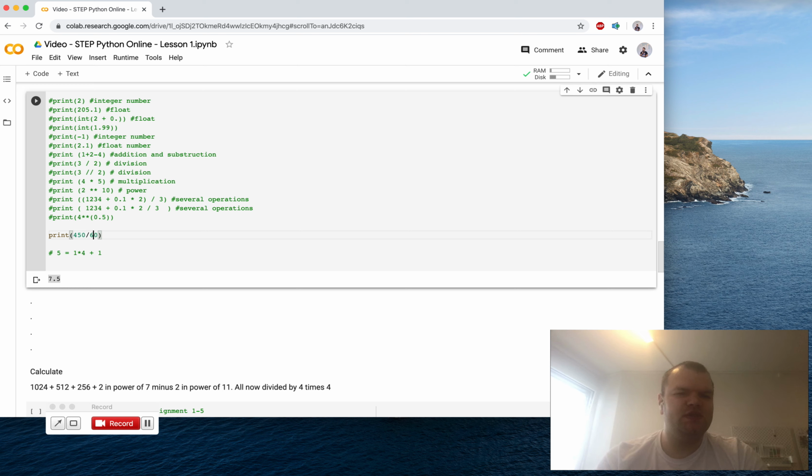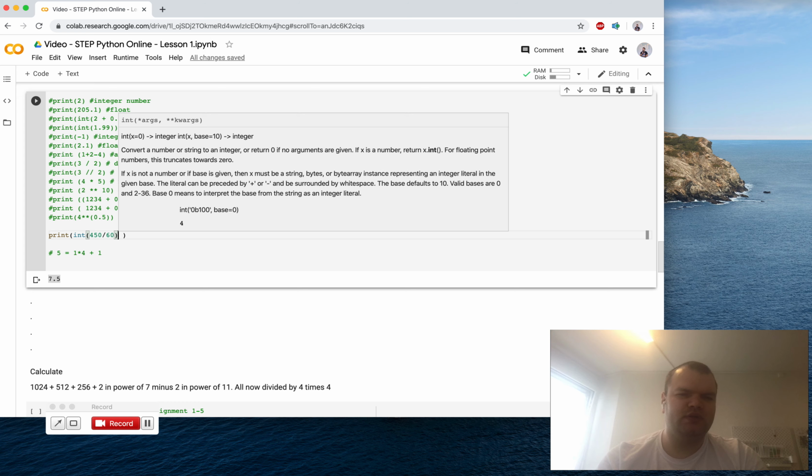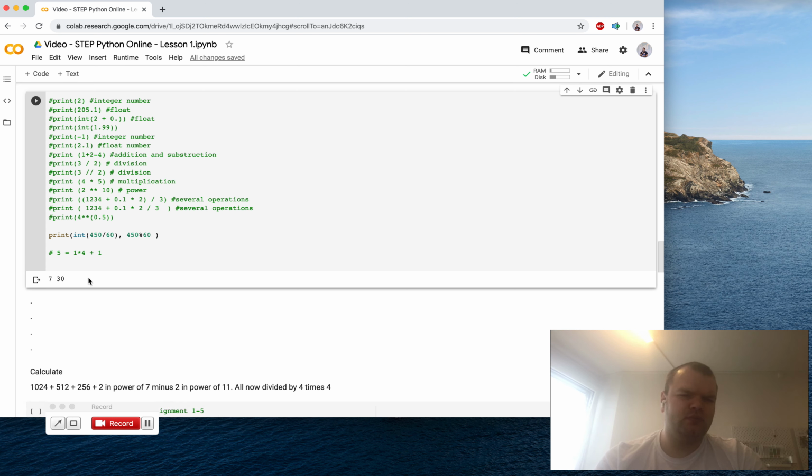So then you will have this operation. So you have to integer divide 350 by 60. And then you will add here another one, and you will do it like 350 percentage of 60. So we'll have 7 minutes and 30 seconds.